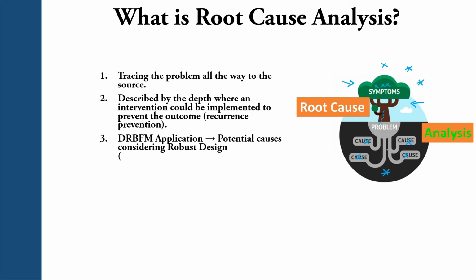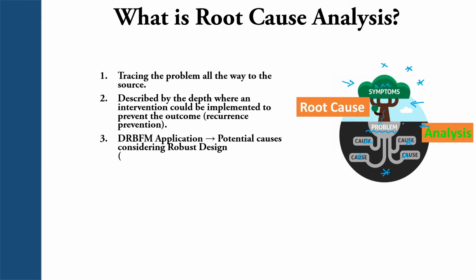So you want to go dig down into the roots. That's why they call it root cause analysis. You dig down to the roots and find all the causes behind that problem that you're experiencing, and that is done through a systematic analysis process in order to identify the root cause of the problem.